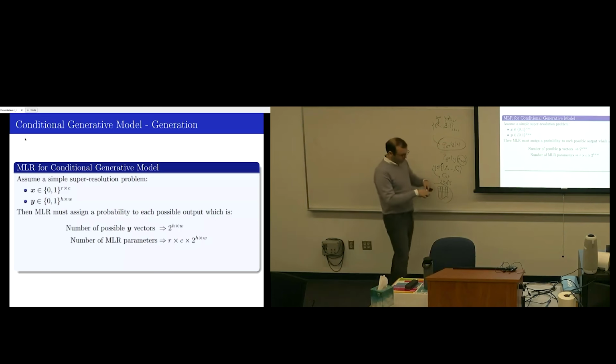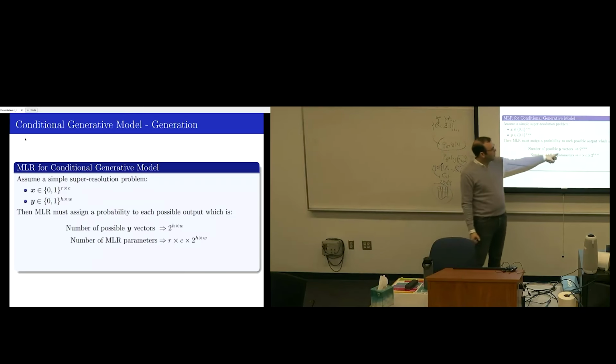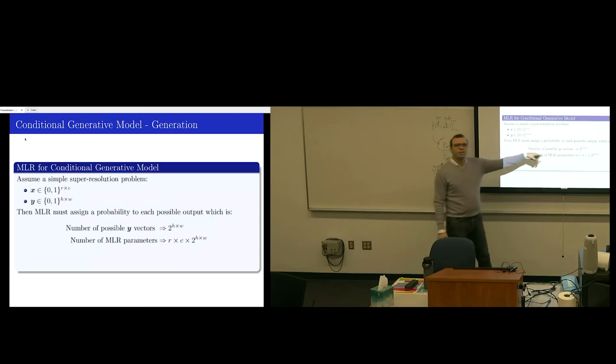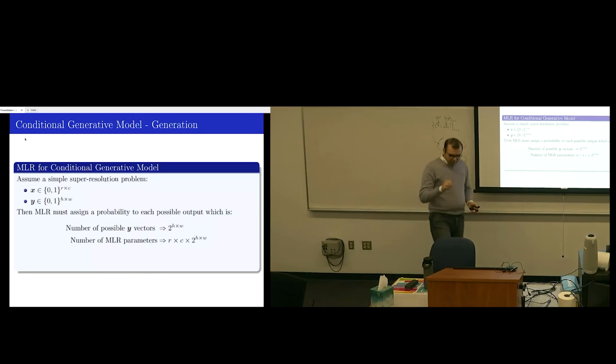How many legitimate outputs do we have here? 2 to the power of h times w. Even for a simple example like MNIST, it is a large number. Do you agree?